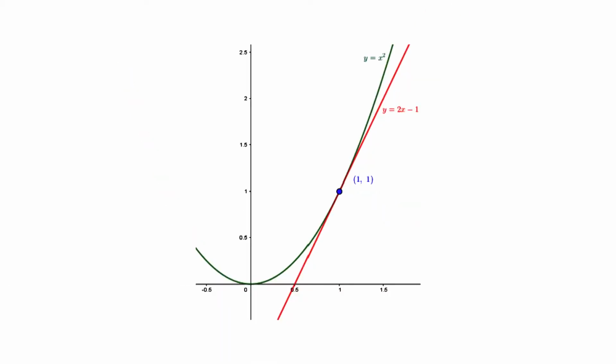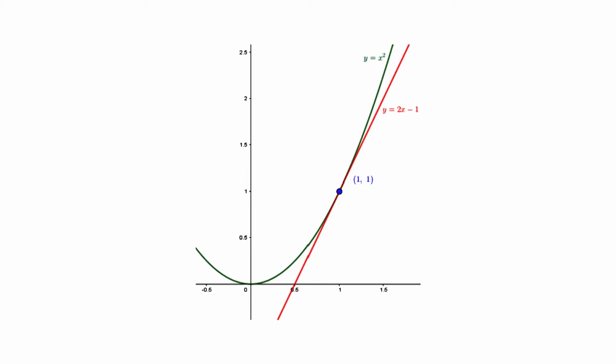If we sufficiently magnify the portion of the parabola and the tangent line near the point (1, 1), it can be seen that the portion of the graph of the parabola near (1, 1) takes on the appearance of the segment of the tangent line y = 2x − 1.